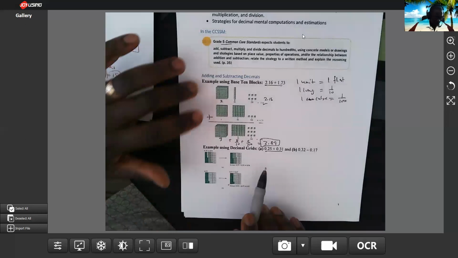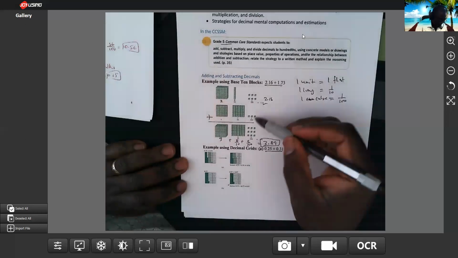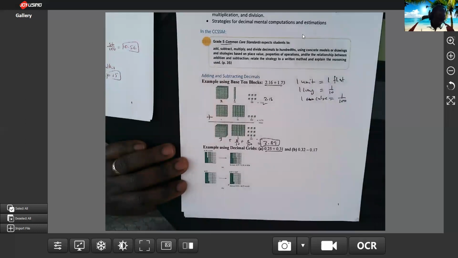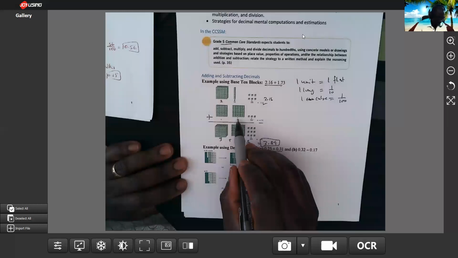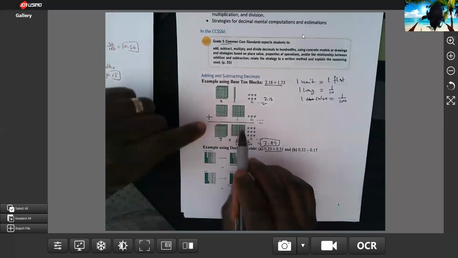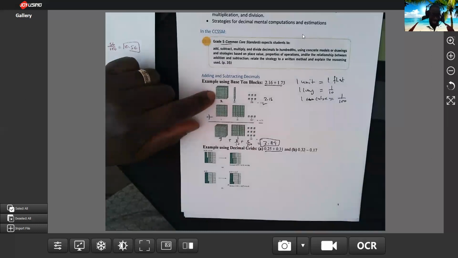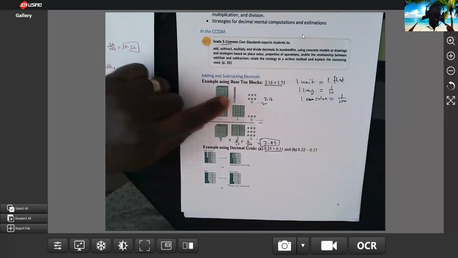If I were to subtract, it is easy to subtract 3 cubes from 6 of them, but you cannot subtract 7 longs from 1 long. So after representing, if you subtract, you have to borrow from the 1 flat, which is 10, making that 11.